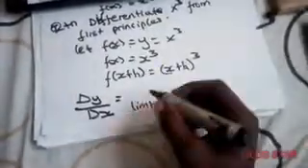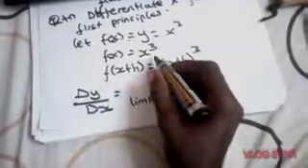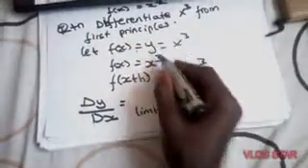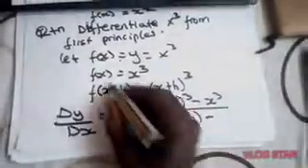So the change in y is x plus h power 3 minus x power 3, divided by the change in x, which is x plus h minus x. Then we go to another step.